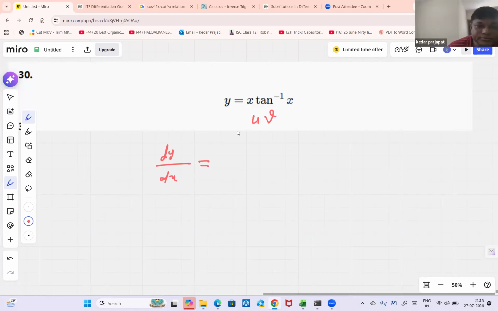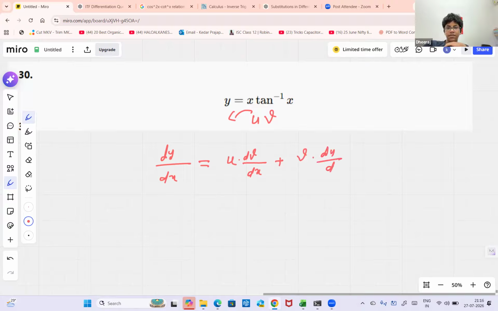Say the UV rule, slowly, no problem. Directly the UV rule: U dash V plus V dash U. Okay, so take U into dV by dx. See, the UV rule is, first you take U, then dV by dx. Then take V, then it will be du by dx. Both are correct.